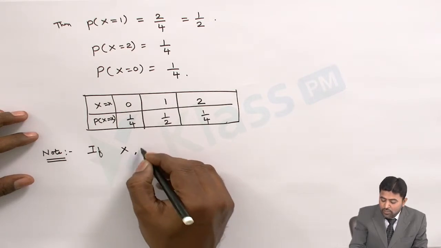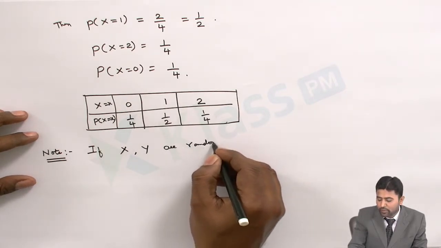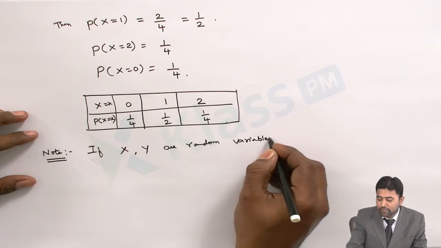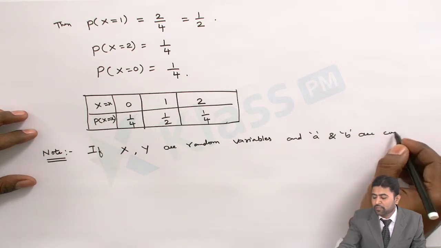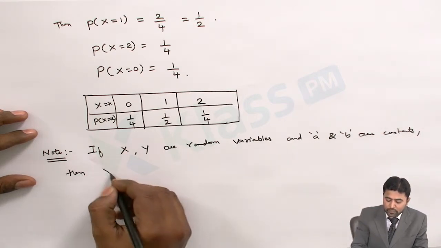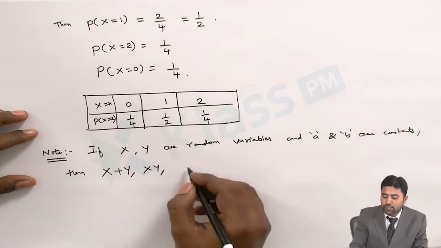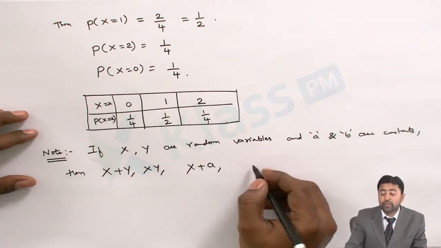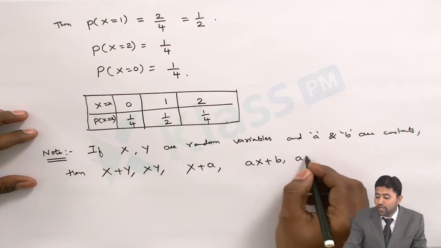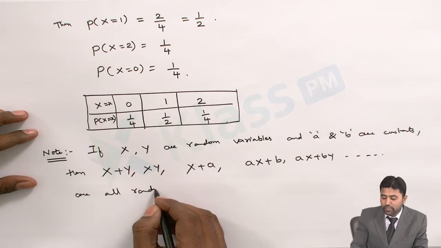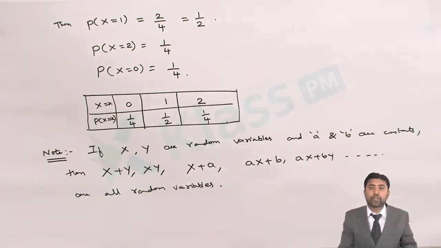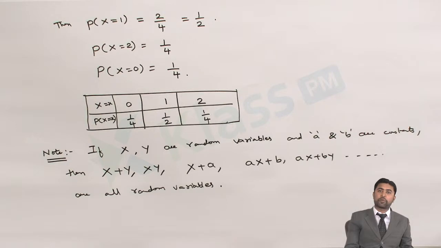If capital X, capital Y are random variables and A and B are constants, then X plus Y, XY, X plus A, AX plus B, AX plus BY, and so on, are all random variables. When X and Y are random variables, their sum, their product, their linear combination also becomes a random variable.